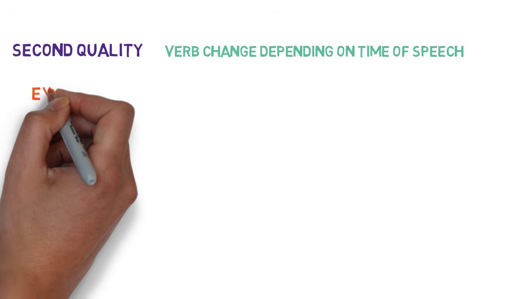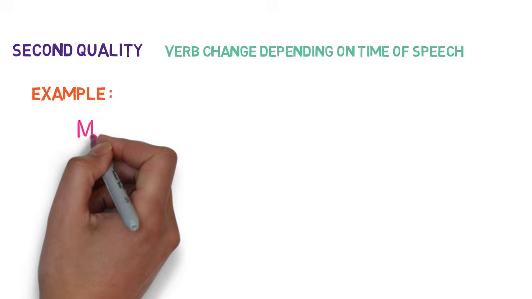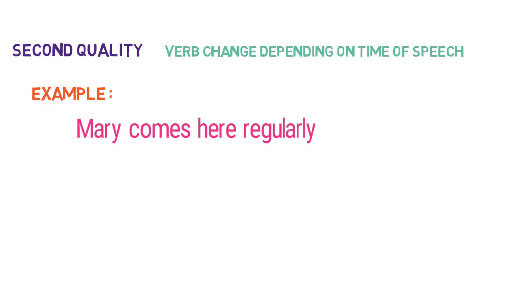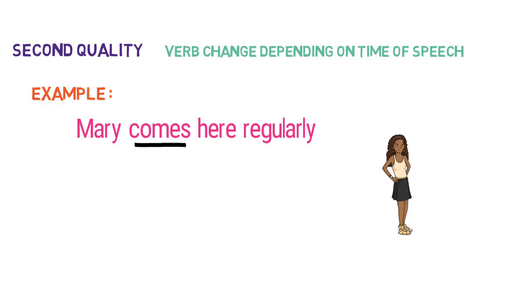It means whether we are talking about a past event, present event or future event. Let me give you an example to make this concept clear. Mary comes here regularly. Here, comes is the verb and we are talking about a present event. That means the process of her coming is still continuous.